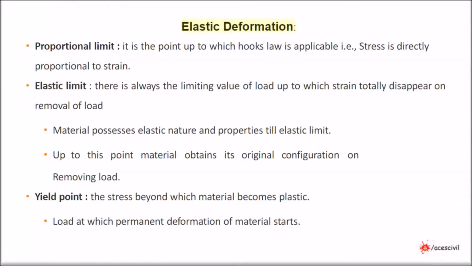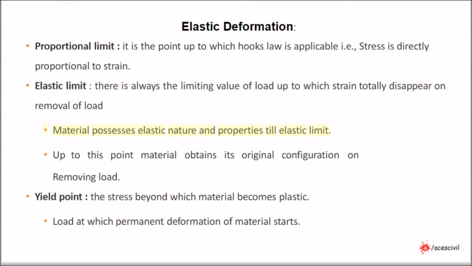Elastic deformation. Proportional limit: it is the point up to which Hooke's law is applicable, that is, stress is directly proportional to strain. Elastic limit: there is always a limiting value of load up to which strain totally disappears on removal of load.